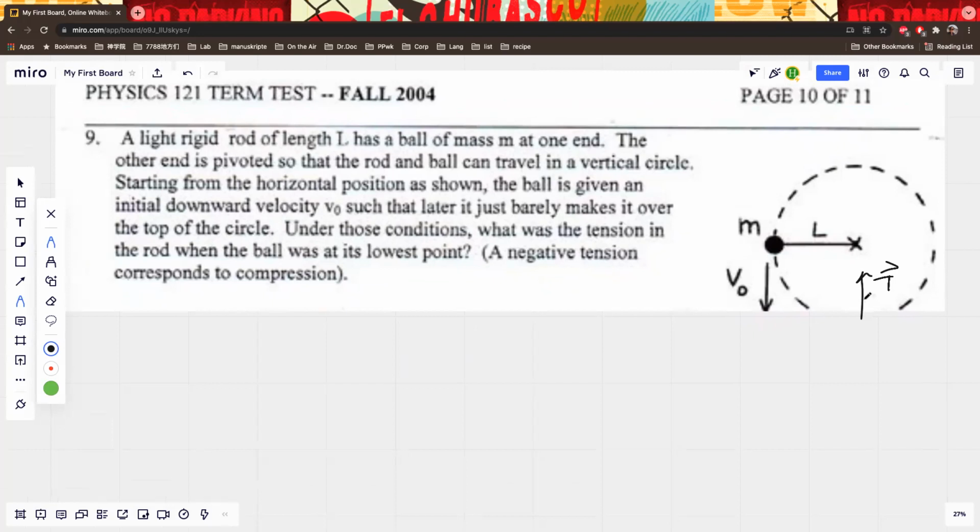Yeah, 2 times the length is going to be the height. If we make y equals 0 the bottom, then this will be y equals 2L, right?